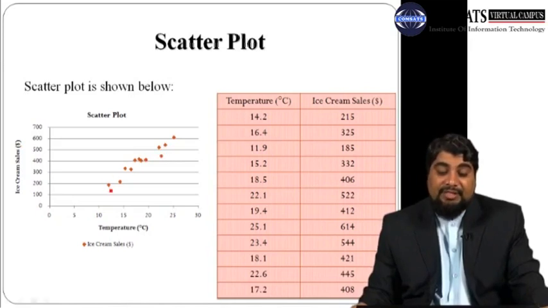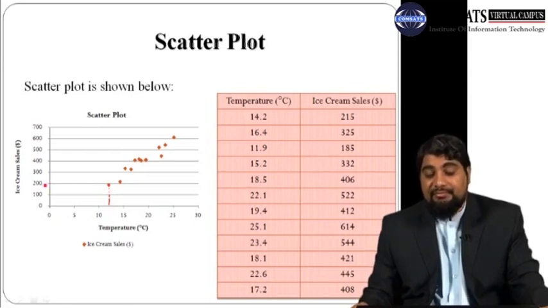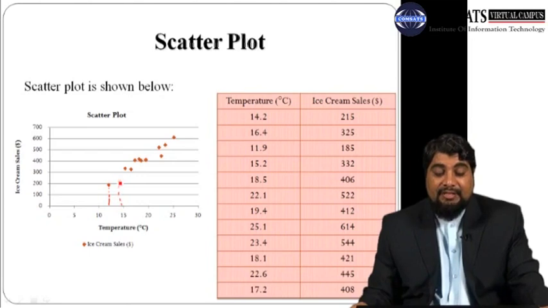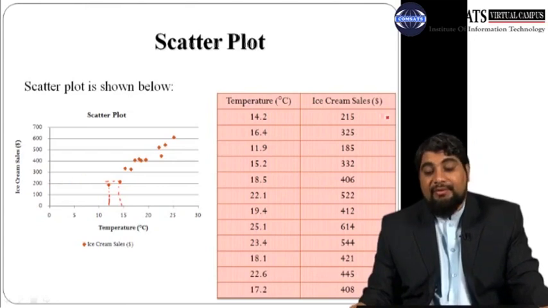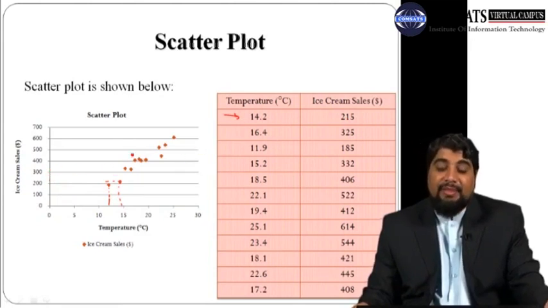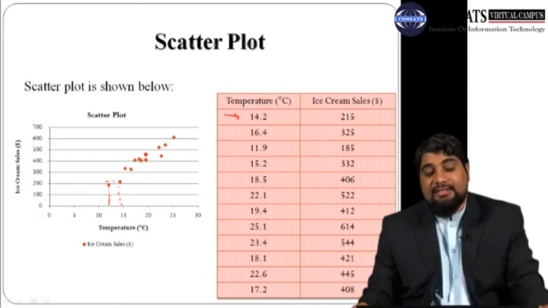This first dot represents a temperature around 12 point something and ice cream sales around 200. Similarly this second point represents a temperature around 14 degrees centigrade and sales around 200 something. This is the first point, 14.2 and 215. You can draw all these points and get the scatter plot.